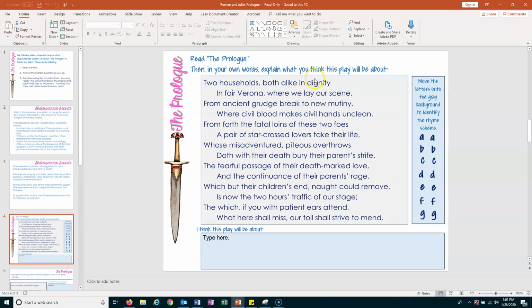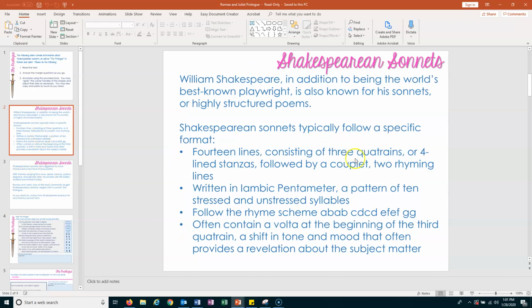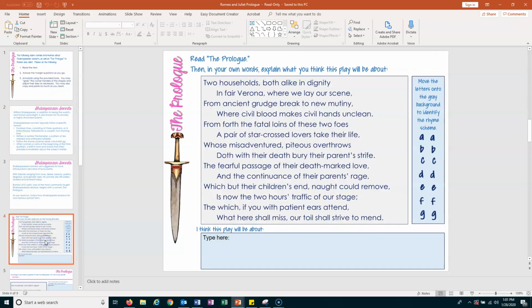If you look at the rhyme scheme and how it works, hint, hint, if you go back here it tells you how the rhyme scheme should be: A, B, A, B, C, D, C, D, E, F, E, F, G, G. So you're looking at rhyming.